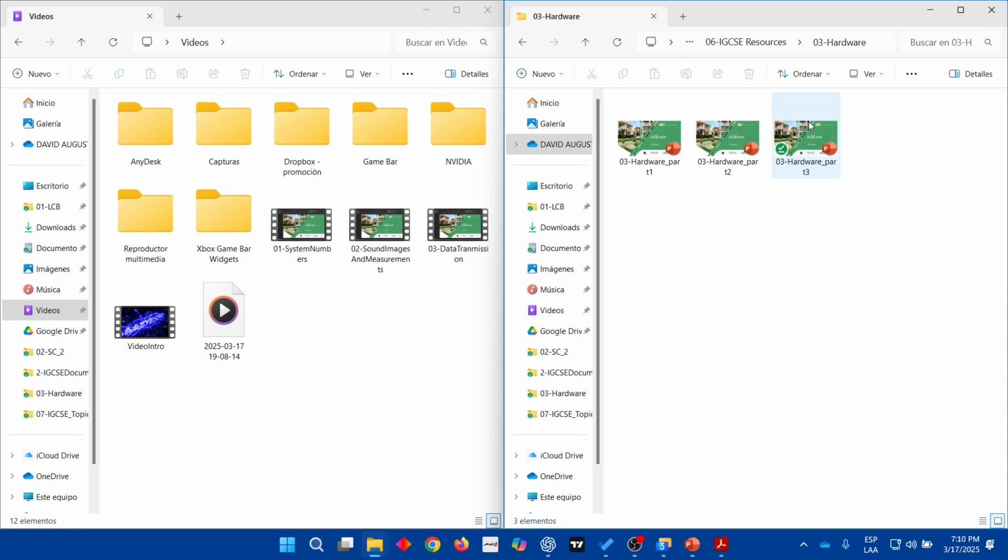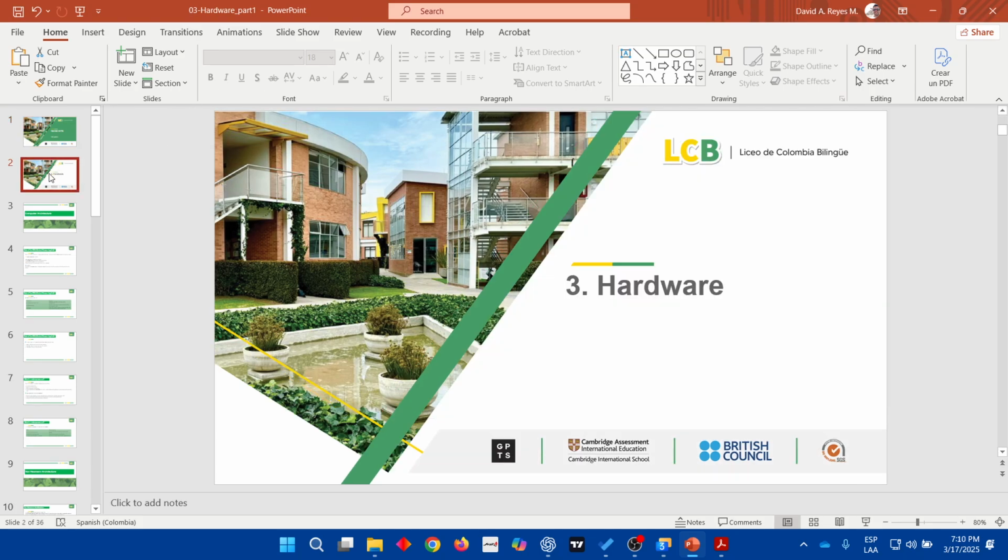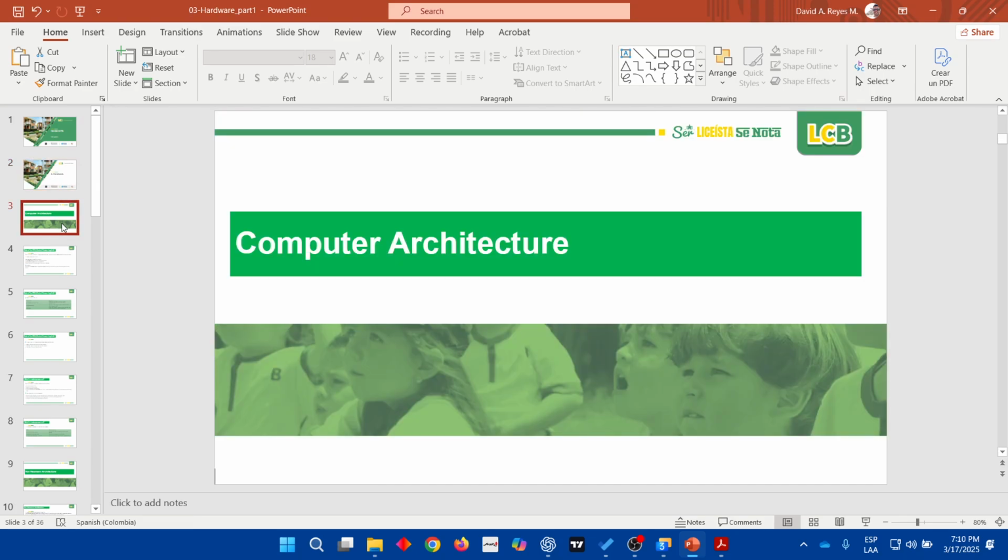And today, our topic is about hardware. If you notice, I have three PowerPoint presentations for hardware. So let's start. In this moment, we are going to talk about the chapter that is about hardware. Computer architecture.